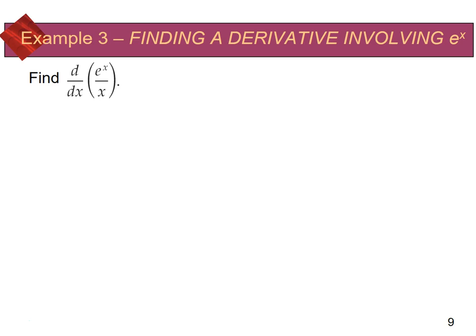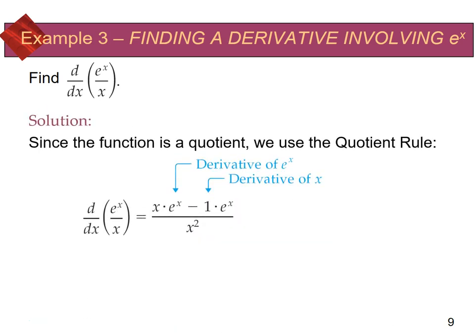So if I'm going to use the quotient rule, I'm going to do bottom times the derivative of the top. So that gives you that part there. Minus the top, which is the e to the x, times the derivative of the bottom. The derivative of x is just 1, all over the bottom squared.